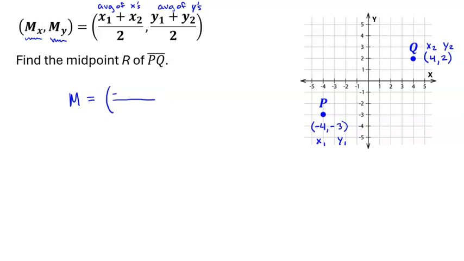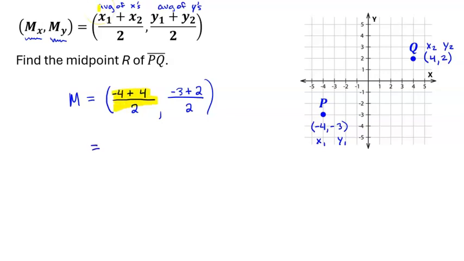And x1 is going to be -4 plus x2, which is 4, and then we're going to divide by 2. And then y1 is going to be -3 plus y2, which is 2, divided by 2. And then we are just solving these separately.